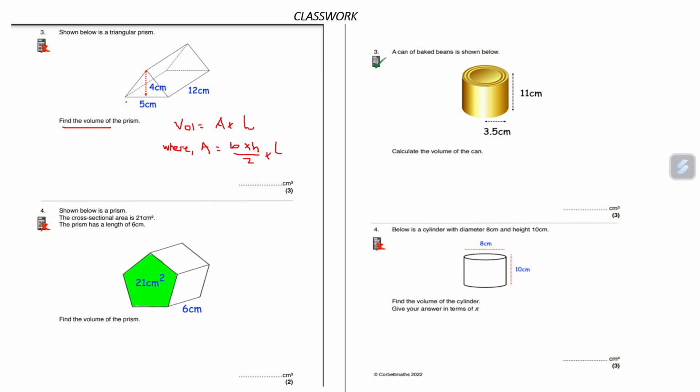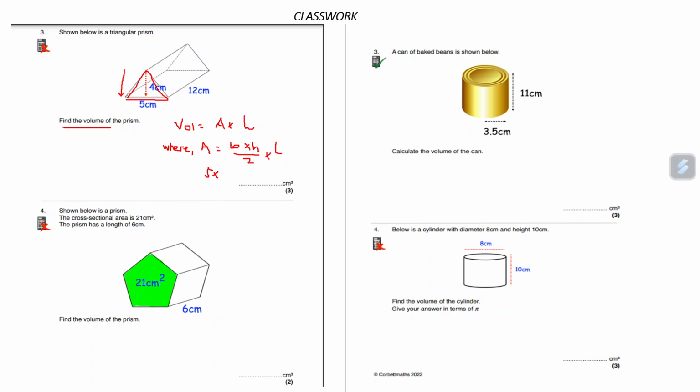So what's the base? This should be the base, because looking at this, it is a triangle. So the base is 5 times the height here, which is 4. Remember, there's every chance that the height can be written outside there.